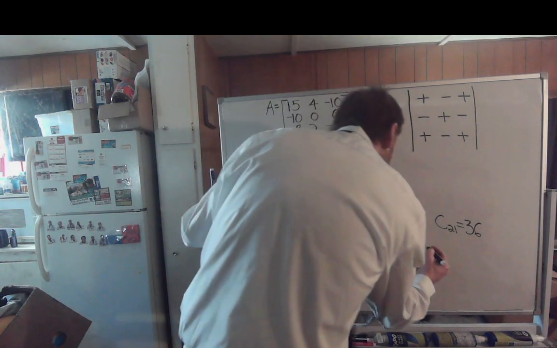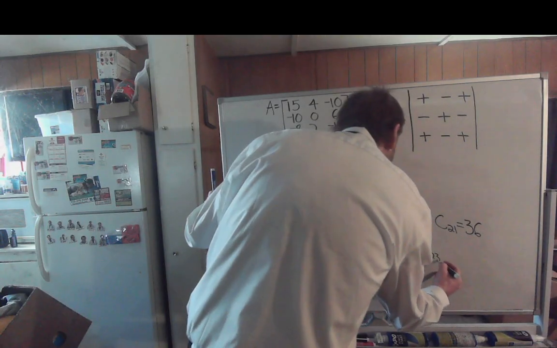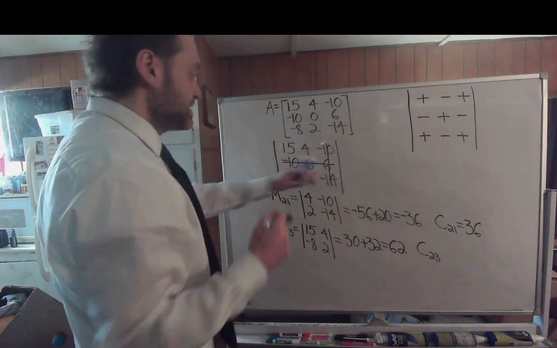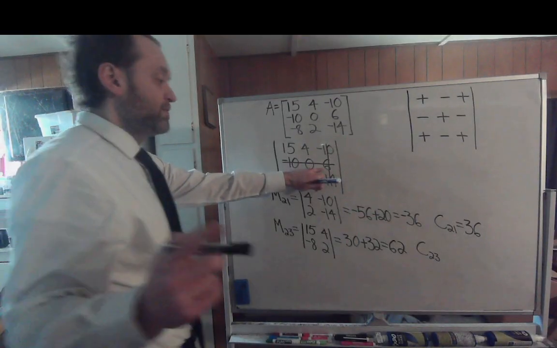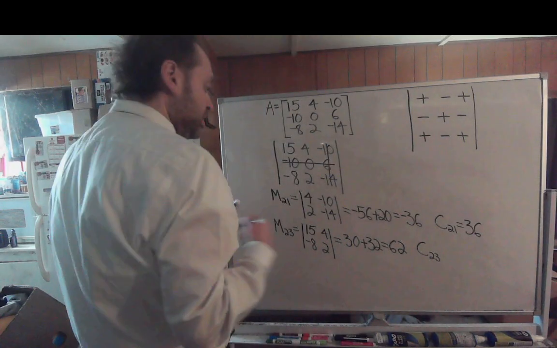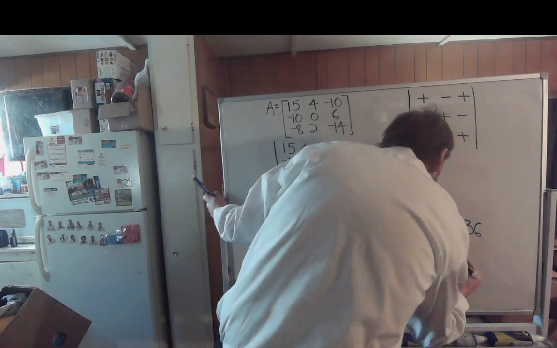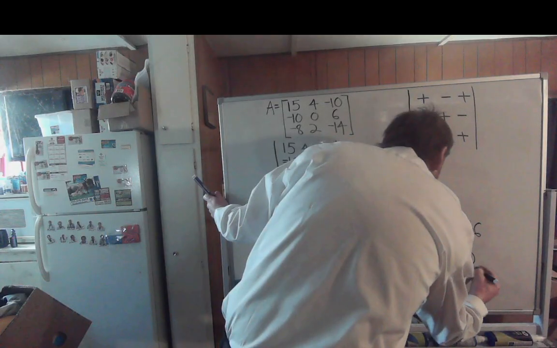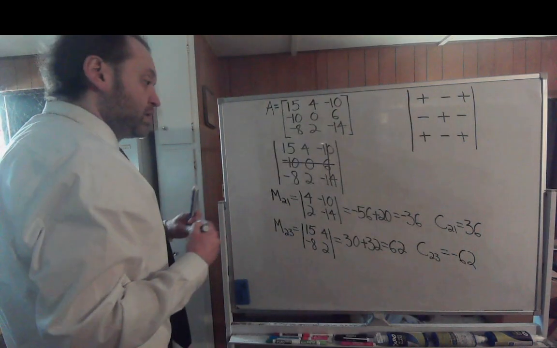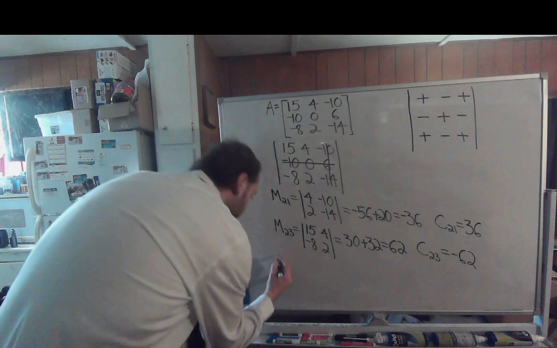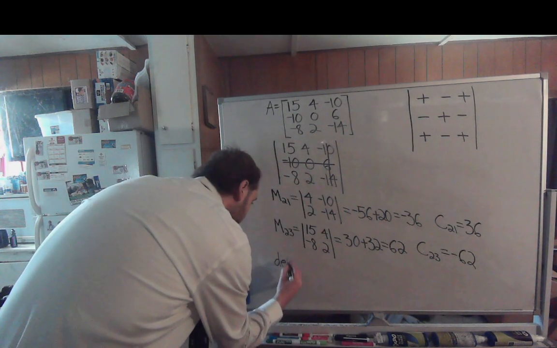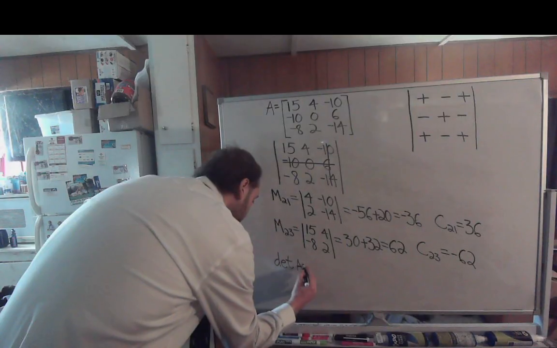Now let's find cofactor 2, 3. According to where that 6 is in the matrix, according to my coefficient matrix, I should negate the result of my minor. So cofactor 2, 3 would be negative 62. All right, so now all we got to do to find the determinant is take the coefficients and multiply them by the cofactors.